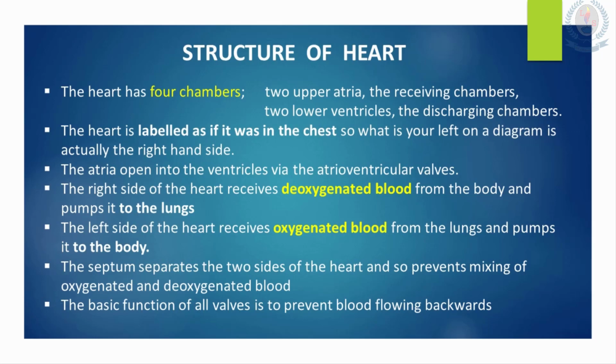And our human heart has 4 chambers, 2 upper atria and 2 lower ventricles. Atria are called receiving chambers and ventricles are known as discharging chambers.